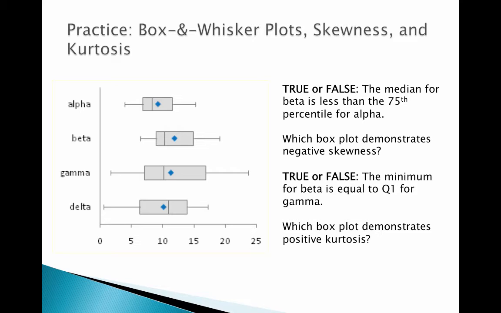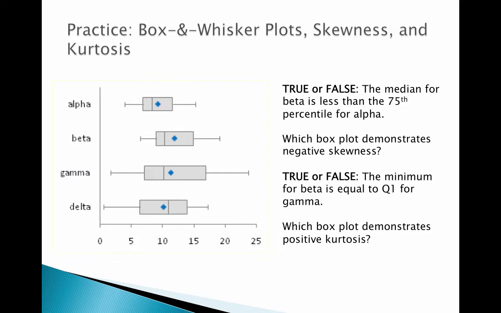And the whiskers are essentially the ends of your distribution curve, and then everything else is in between. So we think about positive kurtosis, we're looking for something that is going to give us a narrow curve, which means that our box is going to be pretty narrow itself. So which of the 4 box plots has a narrow box? Alpha. So alpha demonstrates positive kurtosis.